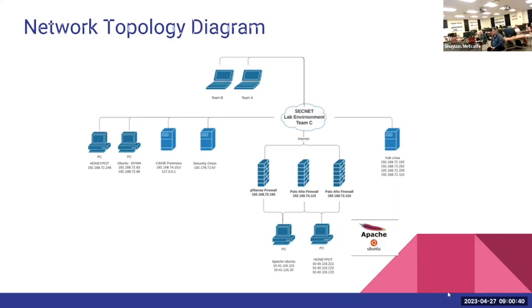And then our assets behind the firewalls, as you can see here, we have three: two Palo Alto and one pfSense. We have our Apache Ubuntu on our DMZ and our honeypots on the internal. And we're trying to protect our Apache servers on our Ubuntu networks.